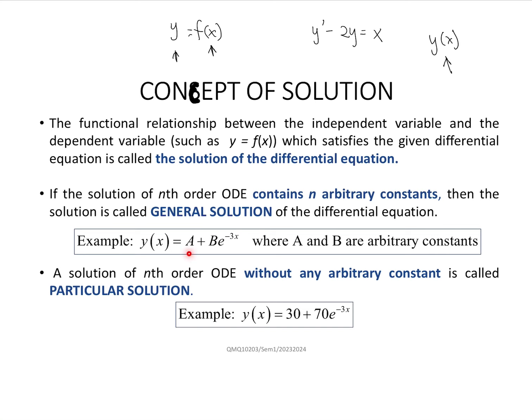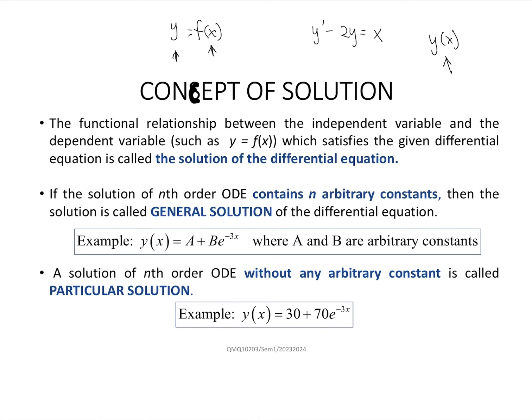For example, here we have two constants, a and b. Hence, this solution is called the general solution to the second order ODE because we have two constants, a and b. If we have a first order ODE, then we must have one arbitrary constant.